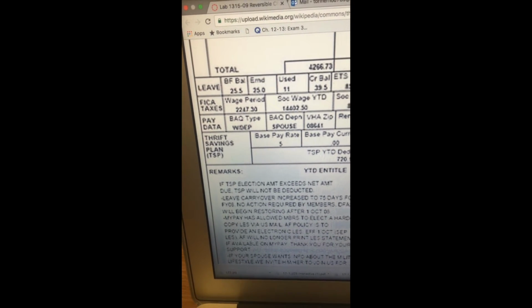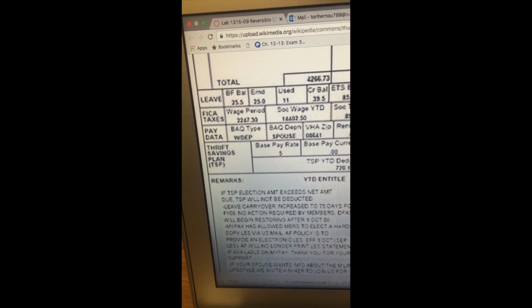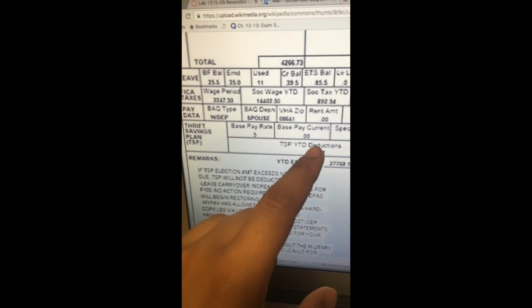So next we have our Thrift Savings Plan, and this is a plan that you set up, and it will take out so much percentage of money to go into the special plan, kind of like a retirement thing. So that's what the Thrift Savings Plan will do for you.